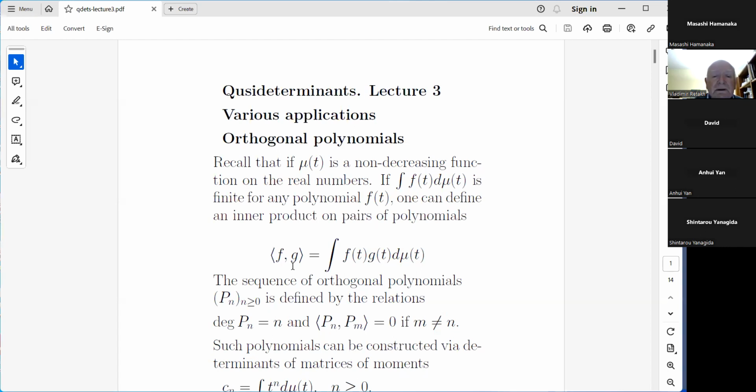If you have complex functions, then you put a bar over g. But anyway, that's a standard way.